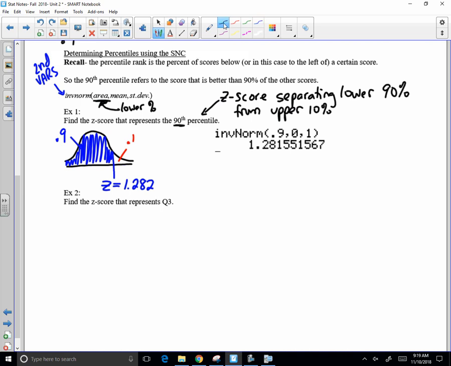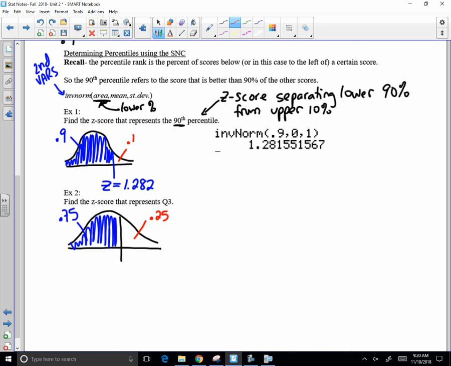But the second example is pretty much the same deal. 75% is the benchmark. I don't know where it's going to be, but it's going to be more than half of the graph. So the lower bounded area would contain 75%.